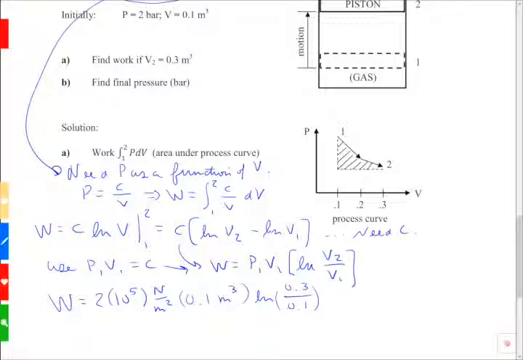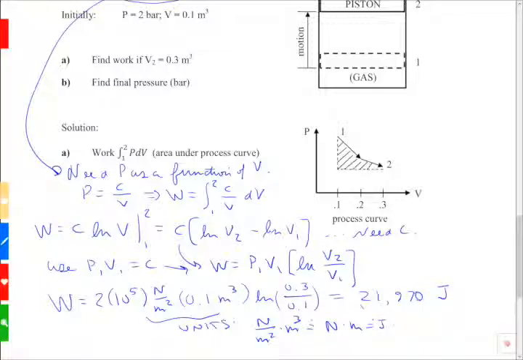The units cancel out there. When I crunch this and get a number, the number is going to be 21,970. And the units are newtons per meter squared times meters cubed, which is Newton times meters. That's the same as a joule.